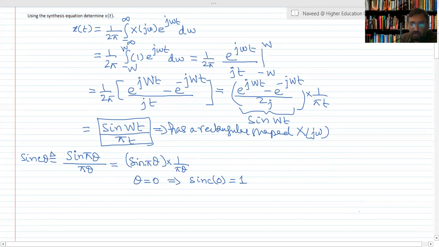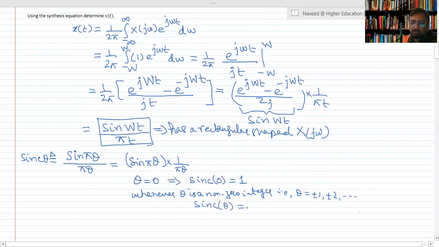And in the argument here, we will always get an integer multiple of pi whenever theta itself is a non-zero integer. So whenever theta is plus minus 1 or plus minus 2, then sinc theta is 0.